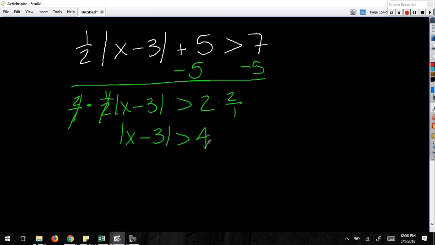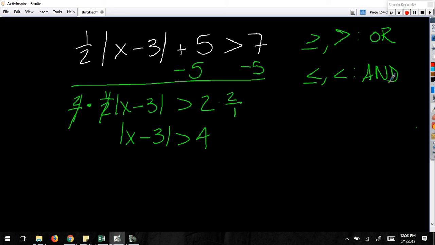So if we think back to where we just talked about, remember we said greater than is an or inequality, and that's greater than or equal to, and less than or equal to is an and inequality.